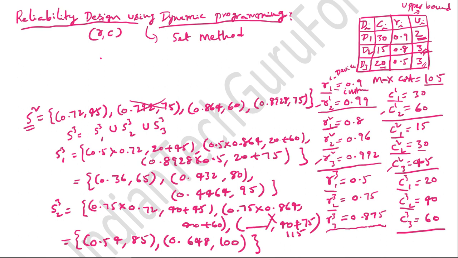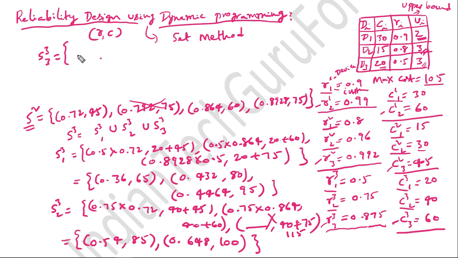So now let me continue. To calculate S power 3 suffix 3, we need the value of R power 3 suffix 3 as well as C power 3 suffix 3, and we need the values of S power 2.